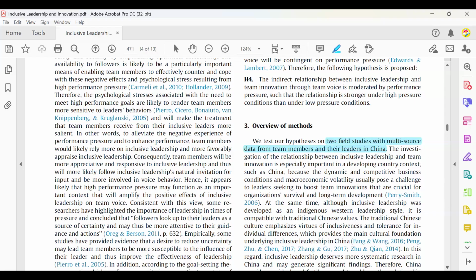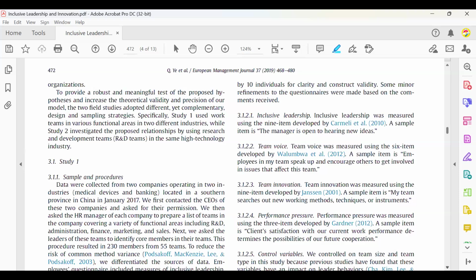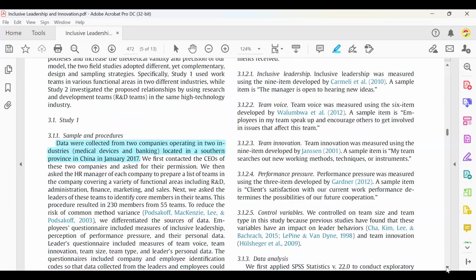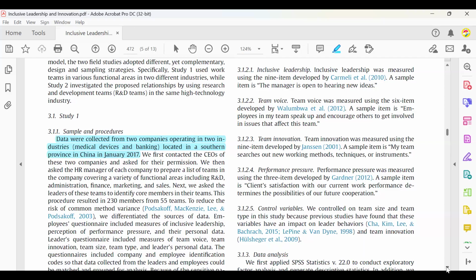And then if we look further, we see that data were collected from two companies operating in two industries located in a southern province in China. Okay, so it's important to see what was the sample for the study, and it has been described there.